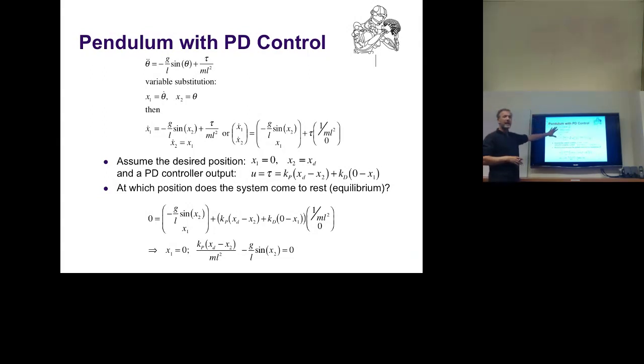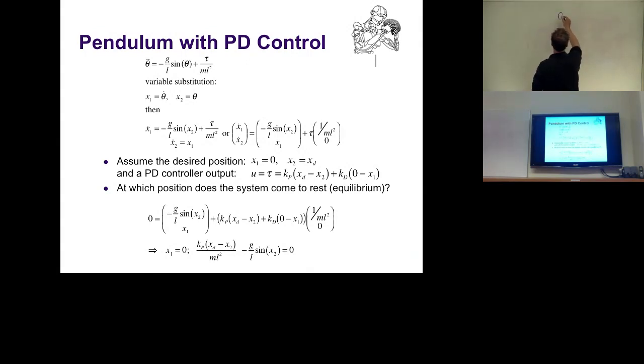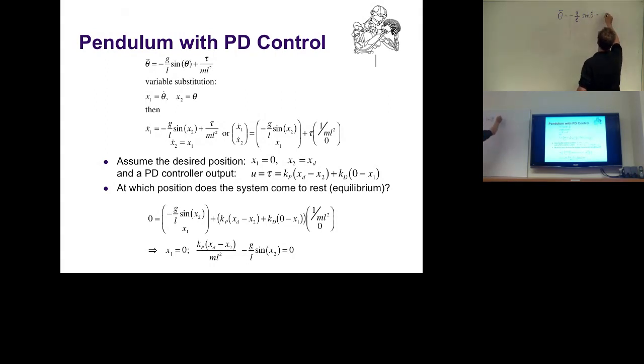I'm trying to develop the slide on the whiteboard so that we can do this step by step. We started out with the equations of motion of the pendulum: theta double dot equals minus g over L times sine theta plus tau over m L squared. These are our model equations.